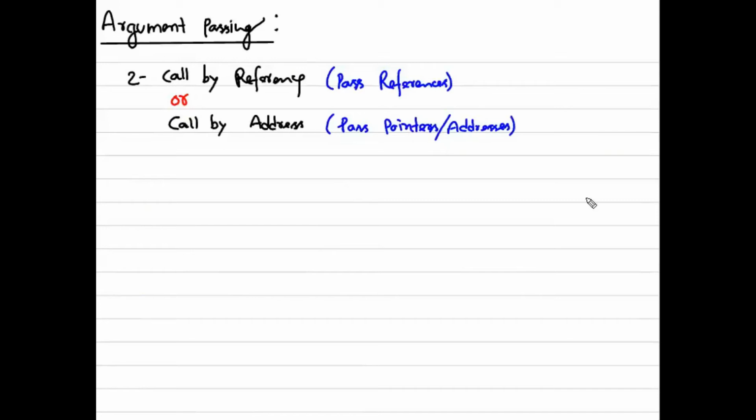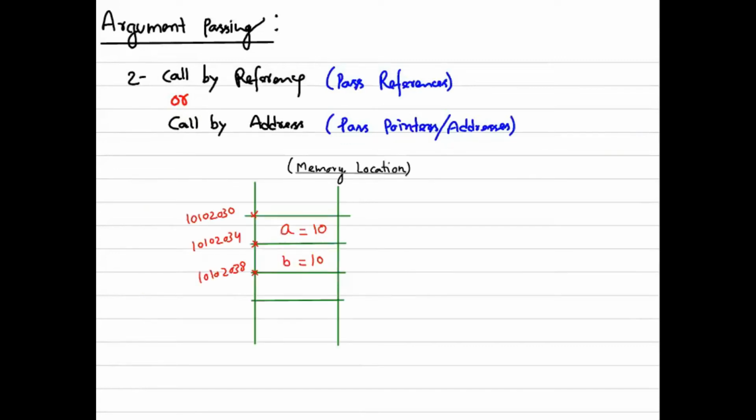So let me write a memory example for the same. I have taken the same example, but right now I am interested in changing the values. I want to make changes at the original memory location.